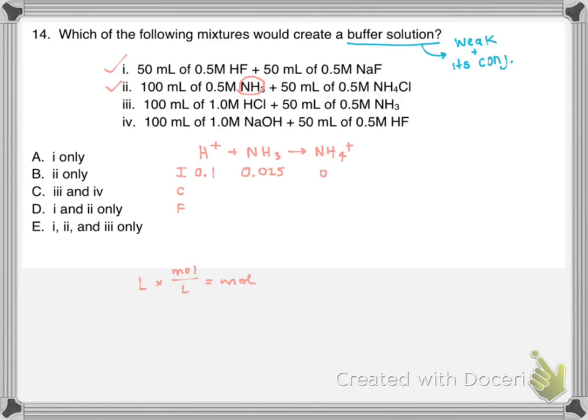And so when we look at our reactants to figure out our limiting reagent, we're going to use up the one we have less of, which is the ammonia. We'll use that much of the protons.